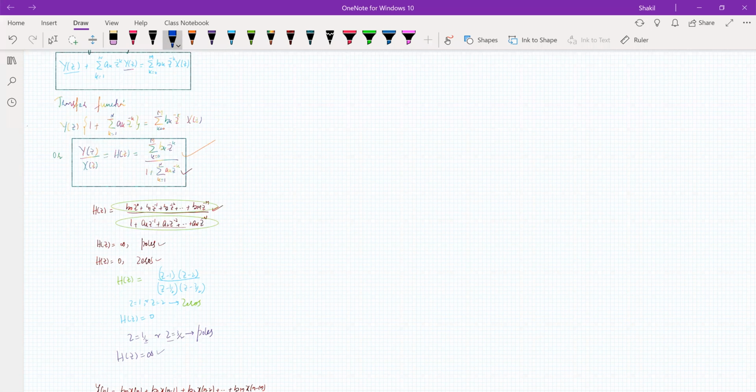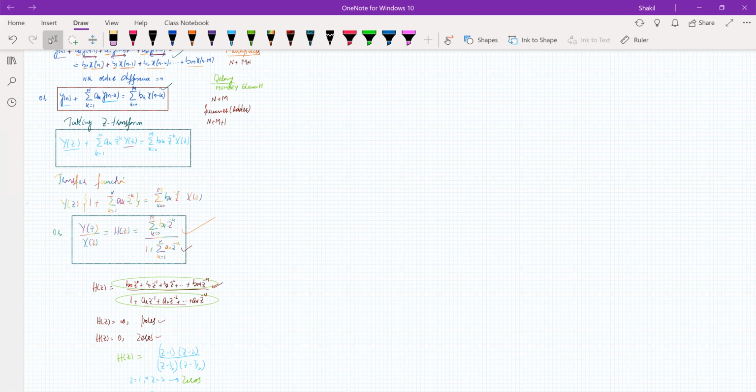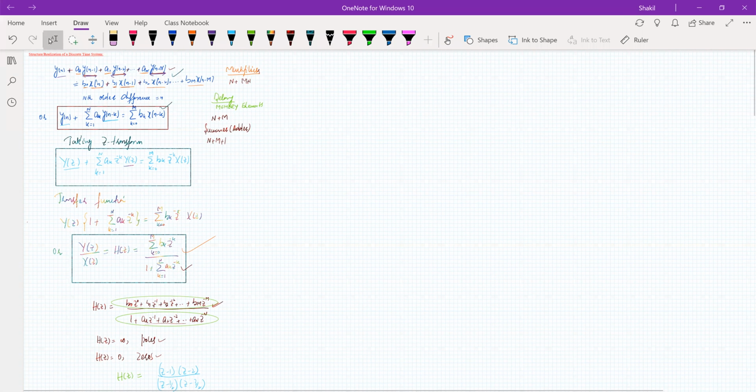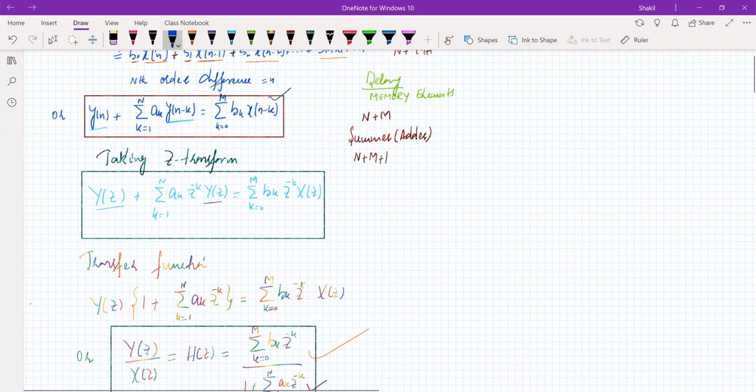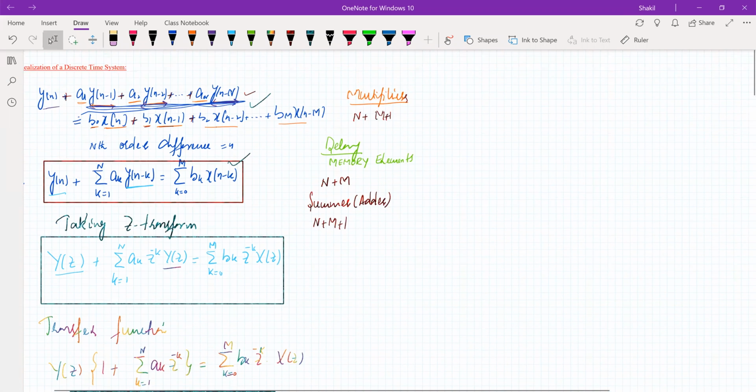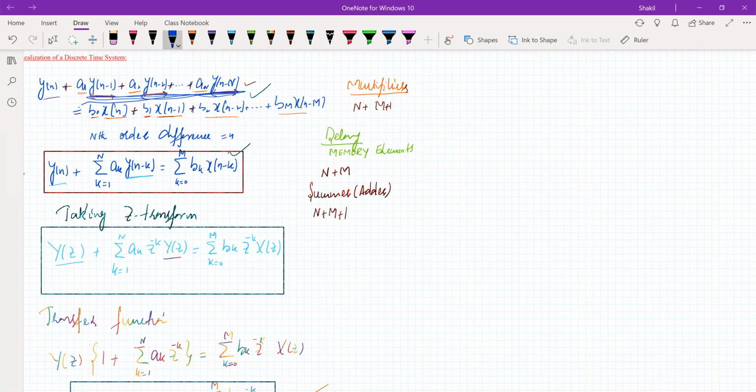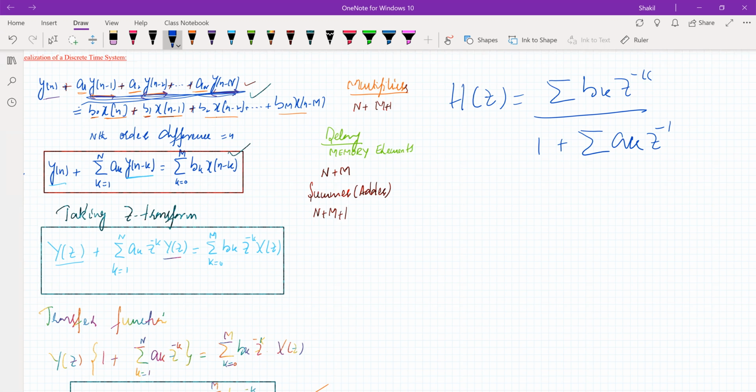You can see the y part of the expression, meaning this part. This part actually gives you the poles. Please pay attention. If you see the y part, meaning if you see the transfer function of this system, then a_k z to the minus k, right?